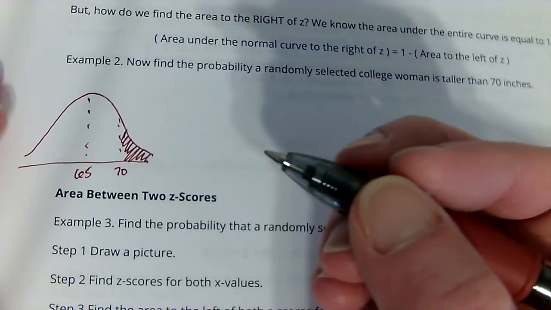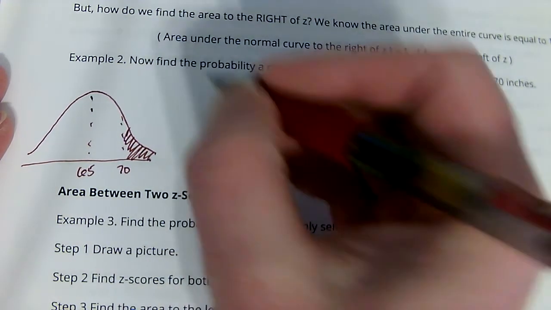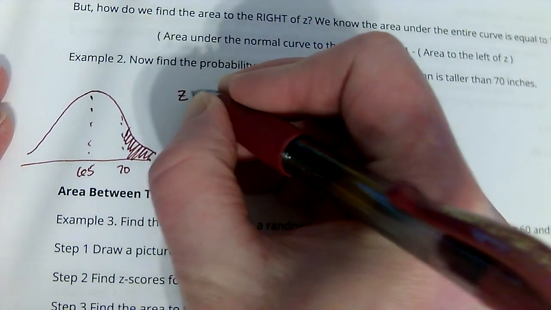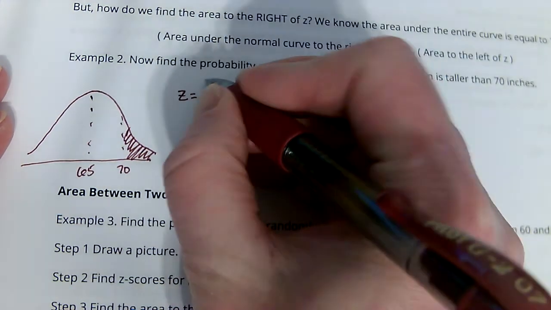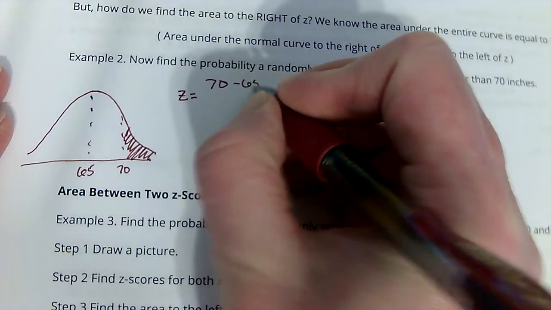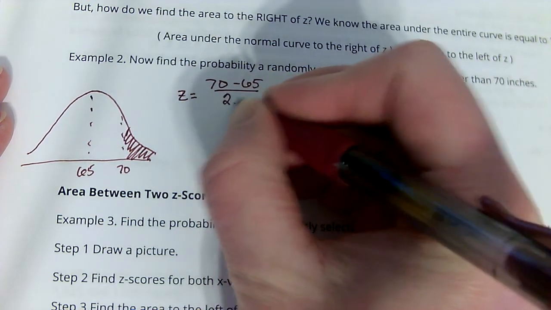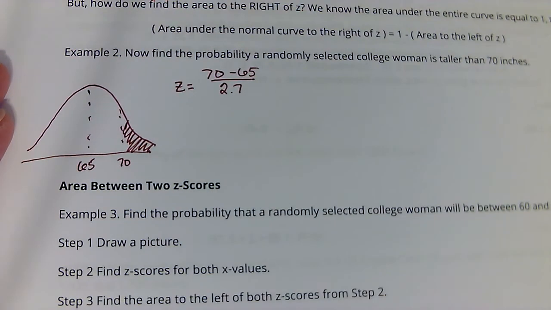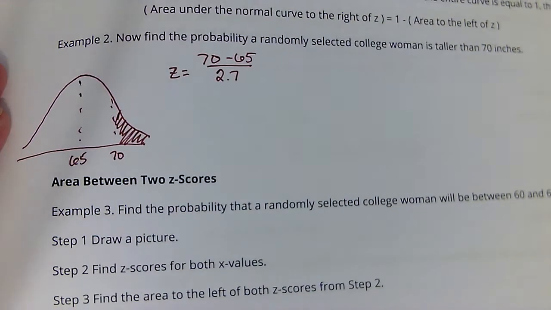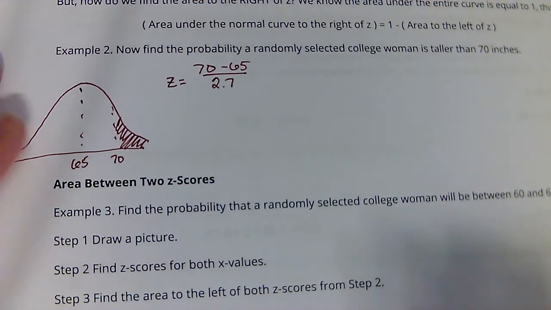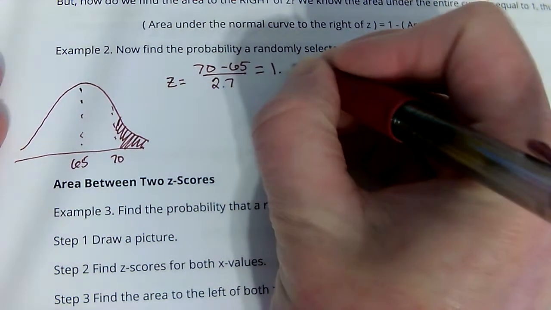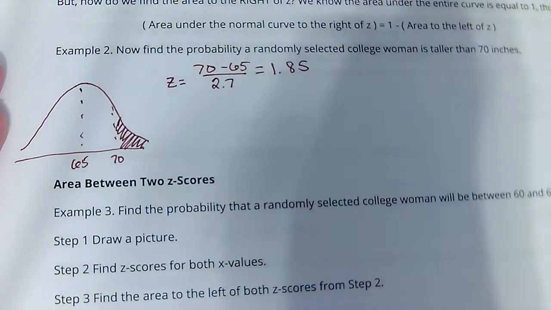So let's standardize that score. The z-score would be 70 minus 65 divided by the standard deviation, 2.7. So I get a z-score of 1.85.